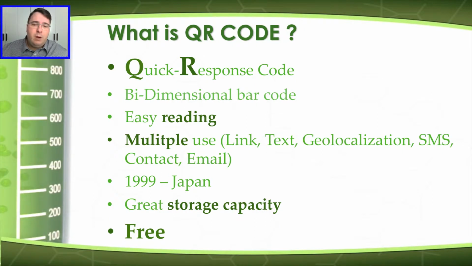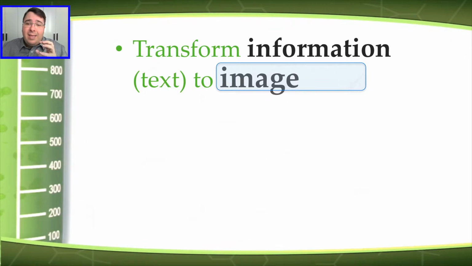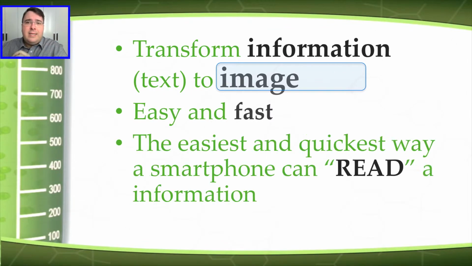The QR code is the best way to transform information, a text, a link, a map, any information, into an image that can be easily and quickly read by your smartphone or tablet. This square of white and black dots is the quickest way a smartphone can read and understand the information you want to pass on.